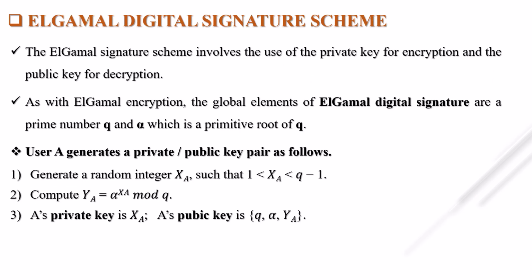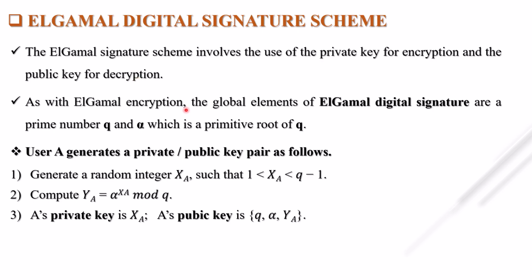As we already saw in digital signature, the private key of the sender is used for encrypting the message, or we can say the hash value. In ElGamal also, it involves the use of the private key for encryption and the public key for decryption. Here there are two global elements.